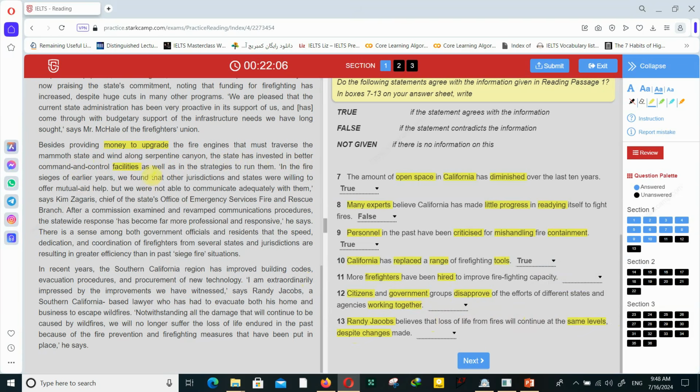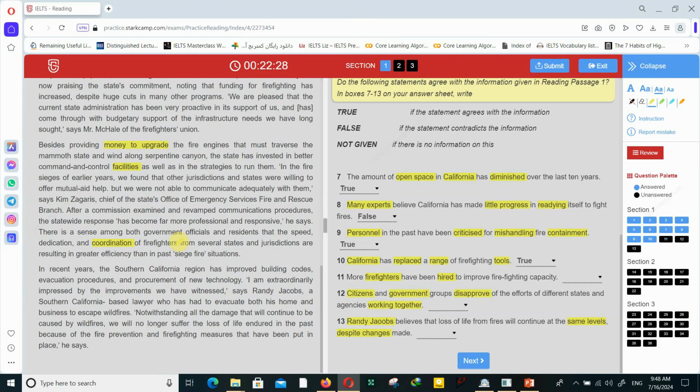Now, move your eyes so quickly. Anything about hiring someone? Coordination. This is the keyword for question number 12.